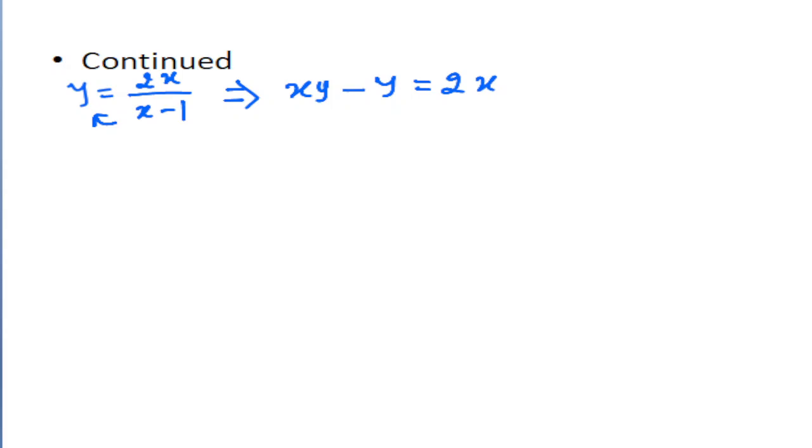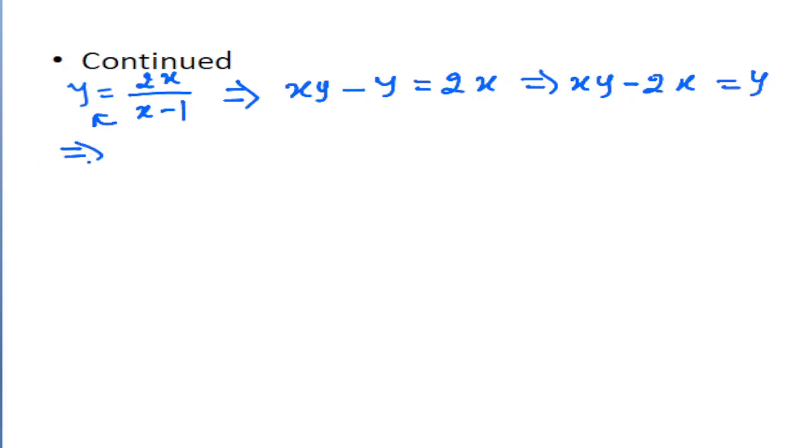In that case, we need to group all x terms together, and the remaining we need to shift to the other side of the equation. So here what we are going to do, we'll keep xy here. In the right hand side we have 2x, shift that into left hand side, it will become minus 2x is equal to, here minus y is there, no x term, shift this into right hand side.